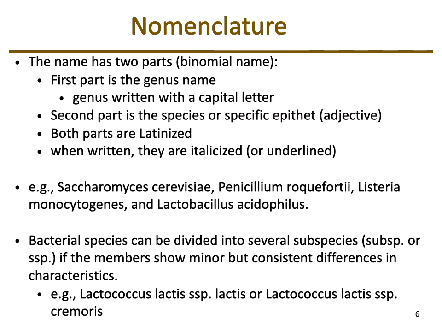Okay. With bacteria species especially, they can be divided into subspecies. So sometimes you might see sub-sp or ssp, and again, that just provides you with more information. So there are different subspecies of Lactococcus lactis.